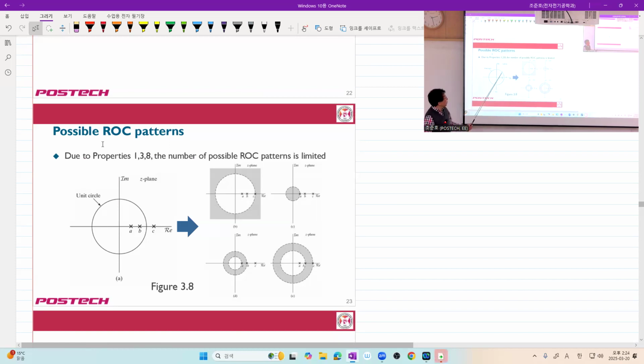So specifying just the pole zero locations, in this case pole locations, does not allow us to uniquely determine what the signal was. Got it? So you must be very, very careful when you handle the Z transform. The Z transform is not just about specifying the algebraic expression. You have to also specify the region of convergence. Got it?